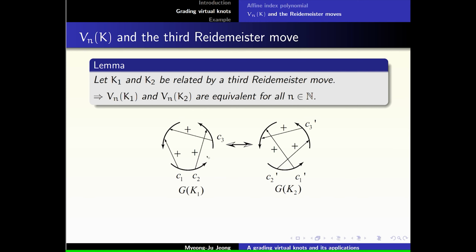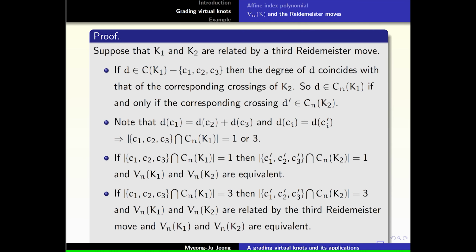If we consider a third randomized move as shown in this figure, we will show that V_n K1 and V_n K2 are virtually isotopic. Okay, let's see the proof of the theorem.